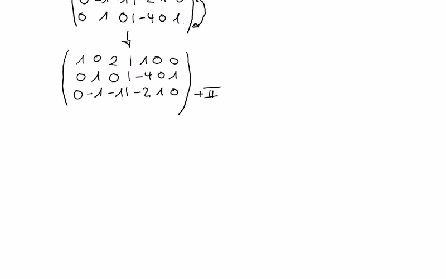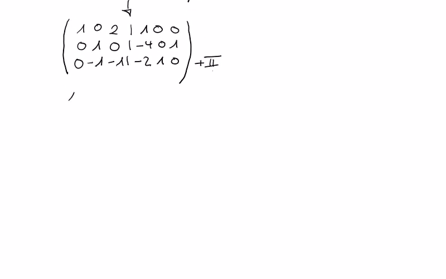and from this we get again our 1, 0, 2, 1, 0, 0, 0, 1, 0, minus 4, 0, 1, and now we add this, so we get 0 plus 0, we get minus 1 plus 1 is 0, we get minus 1 plus 0 is minus 1, and we have to do the same thing here.